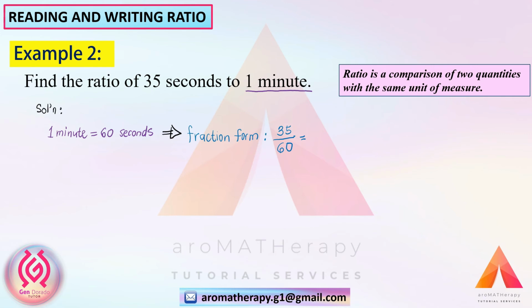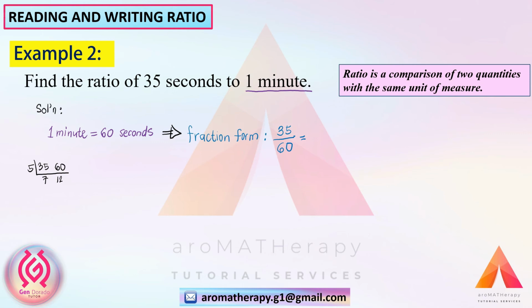We need to solve for the greatest common factor. 5. 5 is the greatest number that can divide both 35 and 60. So 35 divided by 5 is equal to 7, and 60 divided by 5 is equal to 12. Since there are no more numbers that could divide both 7 and 12, 5 is our greatest common factor.